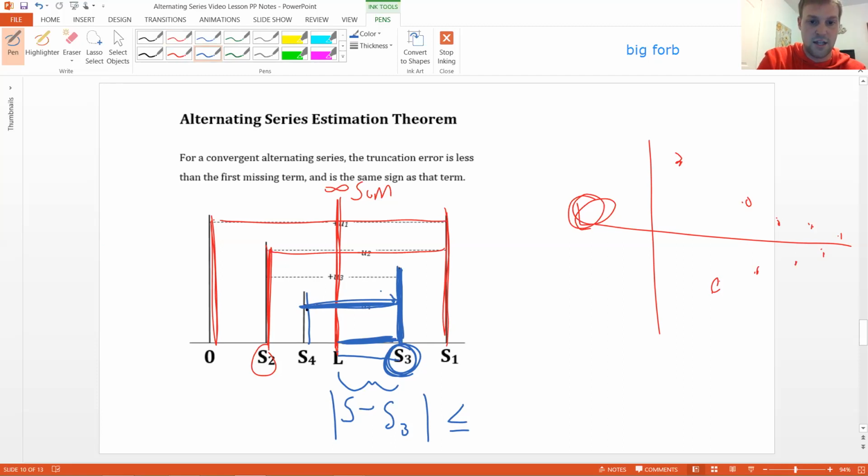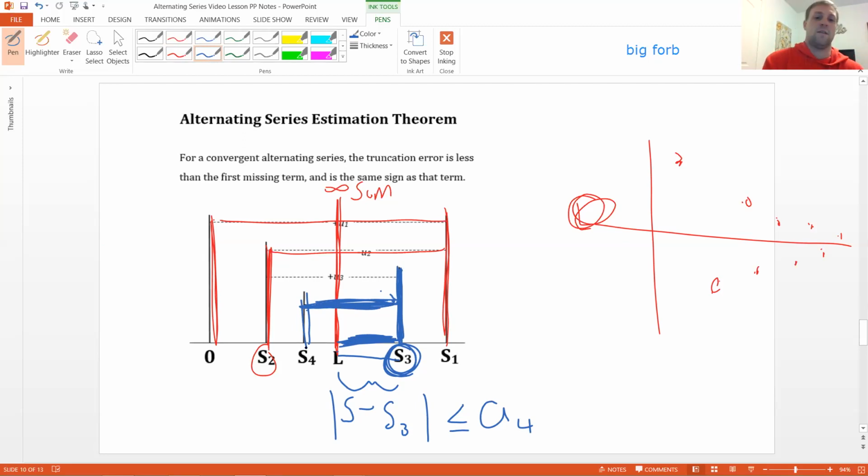So this is actually less than or equal to a sub 4. Does that make sense? So the remainder, this line right here, is actually less than the value of my next term. If I add that term, it's going to take me to S sub 4. Does that make a little bit of sense?